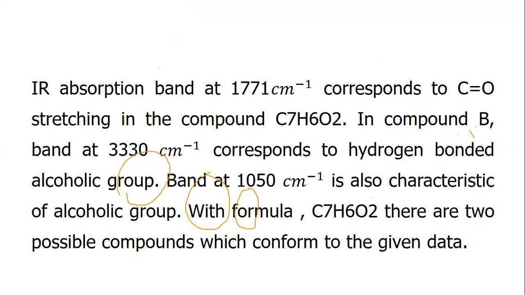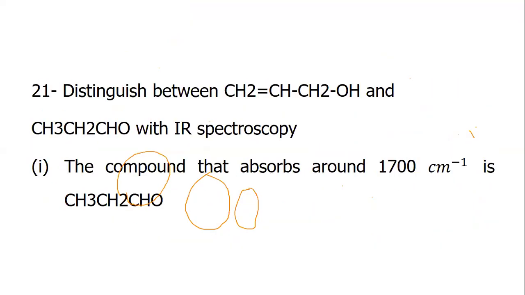The strong absorption band at 1771 per cm corresponds to carbon-oxygen double bond stretching in the compound C7H6O2. In compound B, the band at 3330 per cm corresponds to a hydrogen-bonded alcoholic group. The band at 1050 per cm is also characteristic of an alcoholic group. There are two possible compounds which conform to the given data.